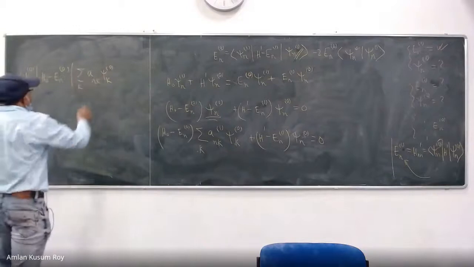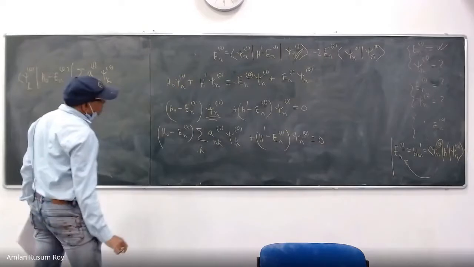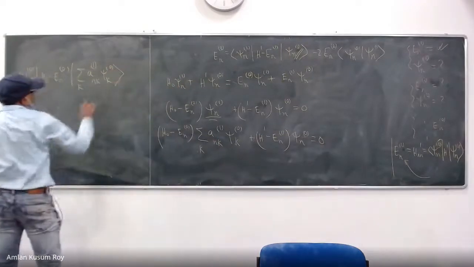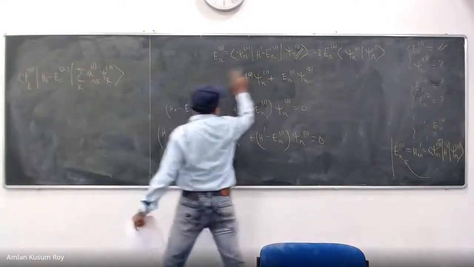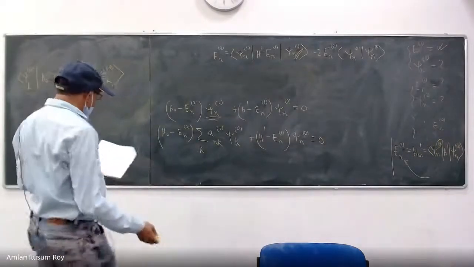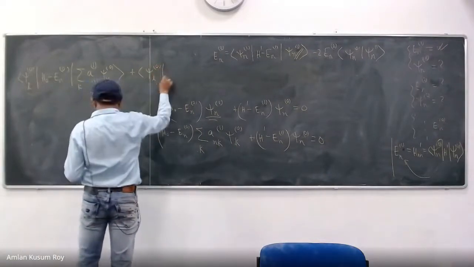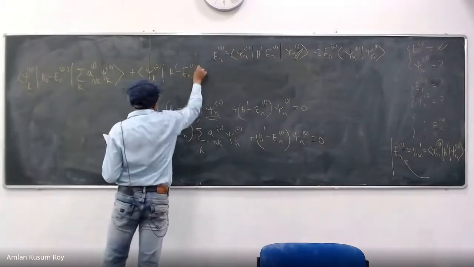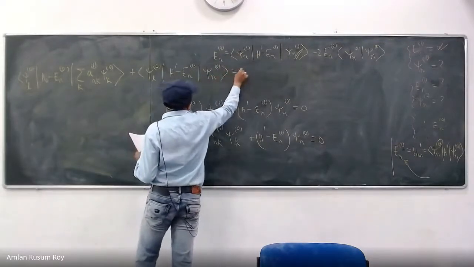It's better to give a_nk1 because we are considering the first order correction equation. Plus psi L0 (h prime minus en1) psi n0 is 0.